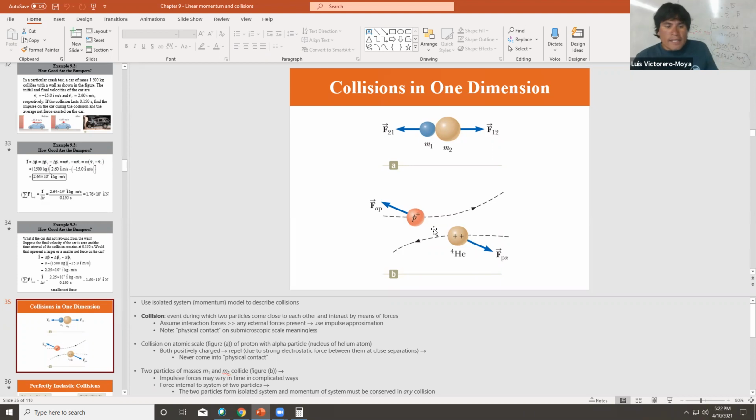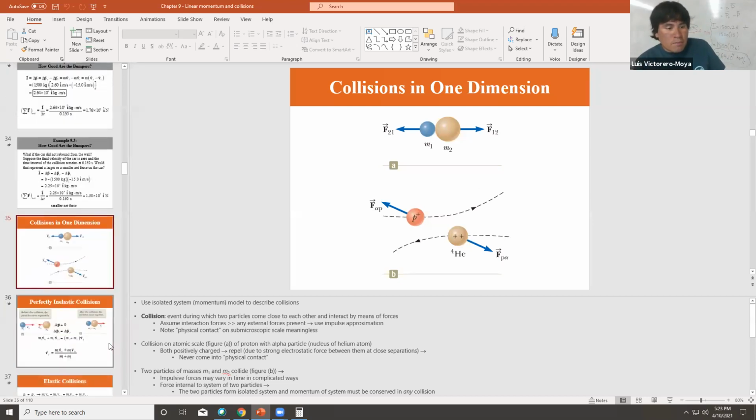All right? So here is where you have an event where particles get close to each other and interact by means of a force. That's why they bounce back in different directions. We're going to assume that the interaction forces are much greater than any external forces acting on the system, so we can use the impulse approximation.